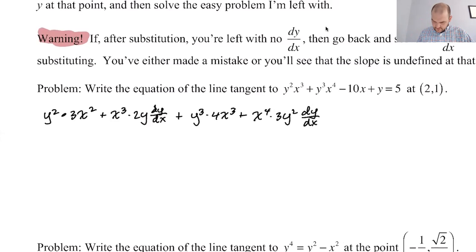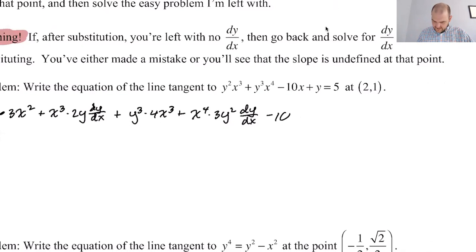It's a really long derivative. Minus 10 plus dy dx. And then this, if you mess up here, you're going to really regret it. The derivative of 5 is 0.